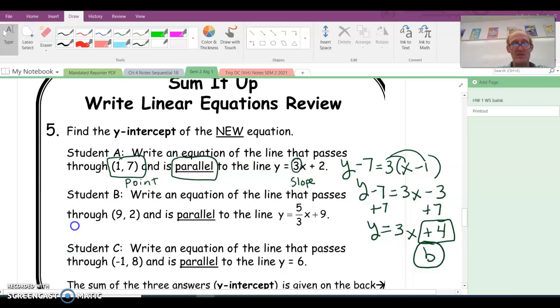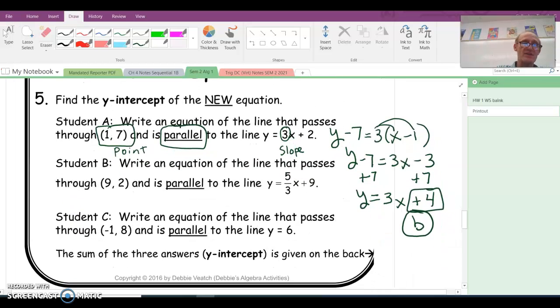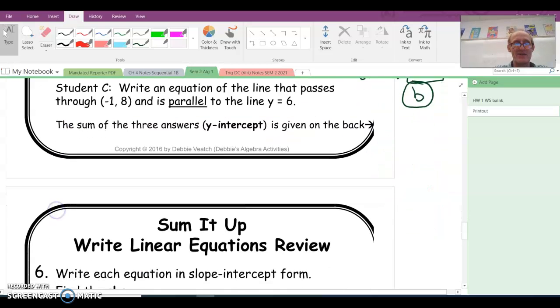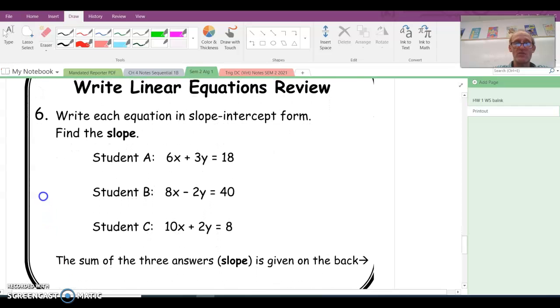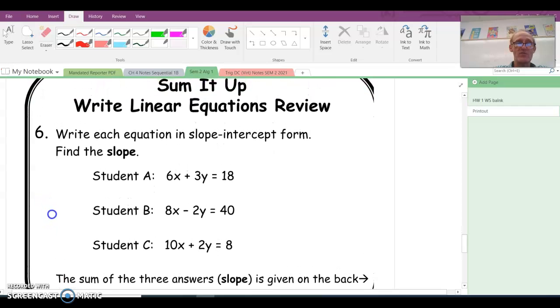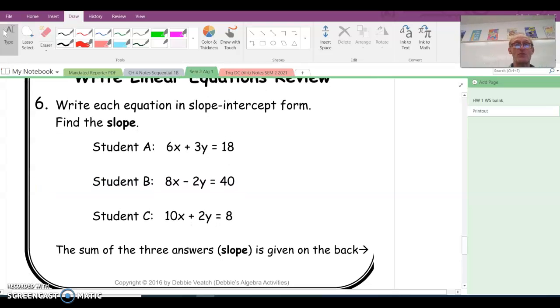So these two problems, just like these two, are done the same way. Which equation is in slope-intercept form? Write each equation in slope-intercept form. All right, let's do it.